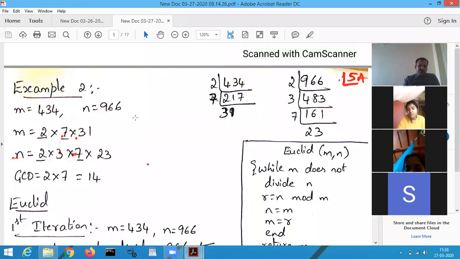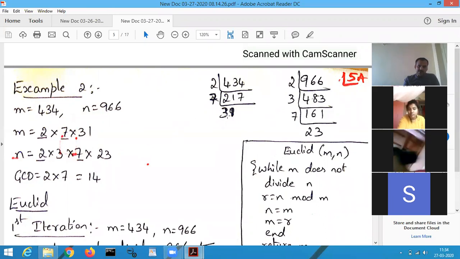whenever I want to find out the prime factors of 434, I need to test the primes. First I will divide by 2, next I will divide by 3, next I will divide by what? 5. That means don't think that just by seeing 2 into 7 into 31 we have only 3 divisions. We require more than 3 divisions.